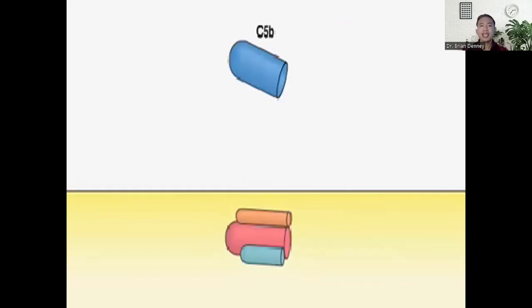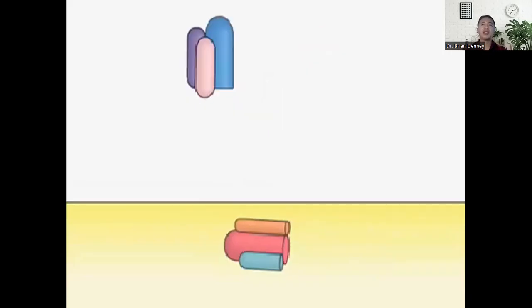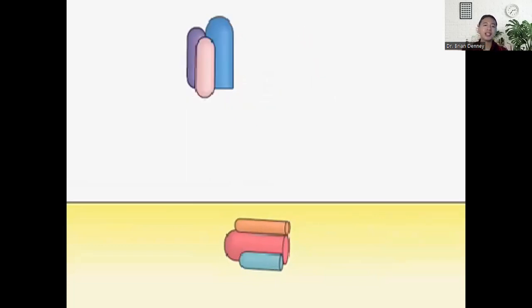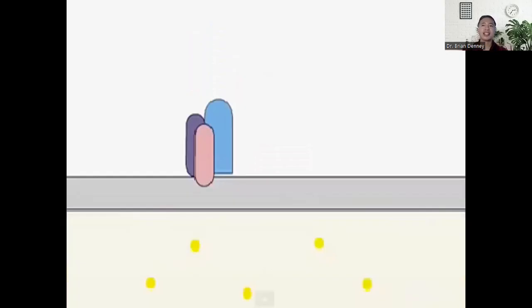So say bound. C5b, together with your trimeric complex C6 and C7, becomes bound to each other and binds themselves into the cell membrane layer.